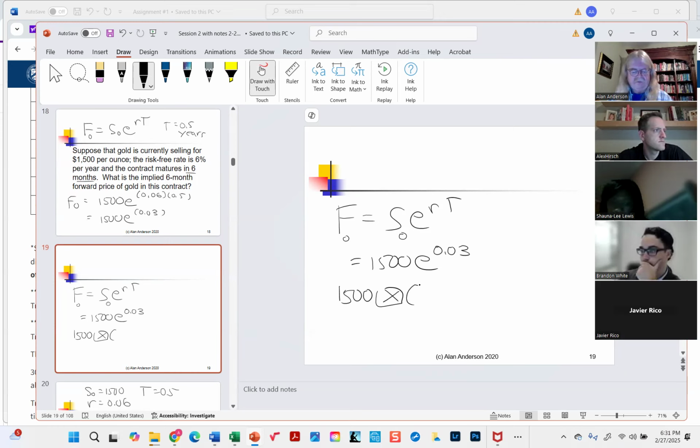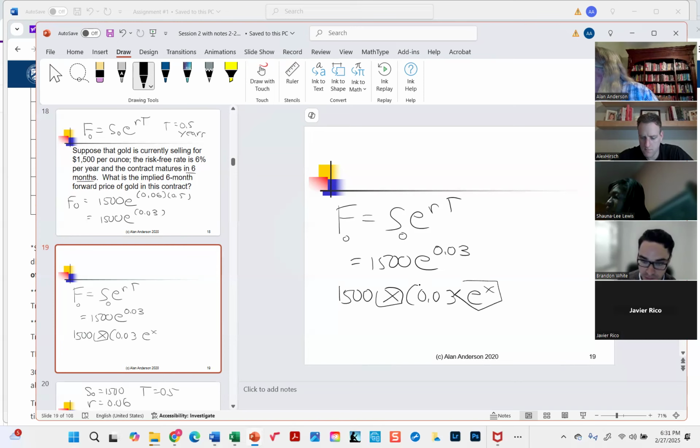All right, I'm going to start all over again here. 1500 times open parentheses, 0.03 e to the x. And then you'll close the parentheses and hit equals.